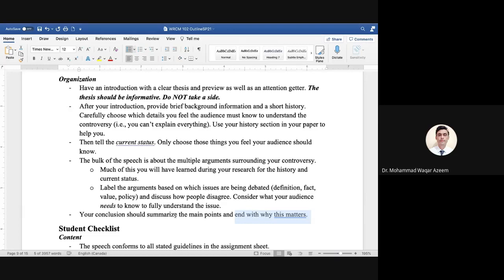You probably won't have any source for your introduction and conclusion, but when you are on the 3 points of the history of the controversy, you will be describing three historical developments related to your controversy.